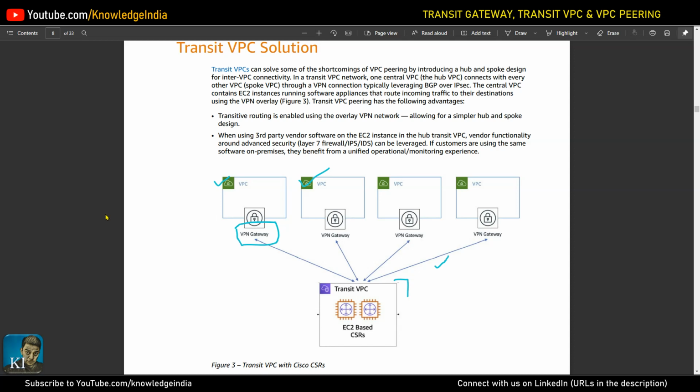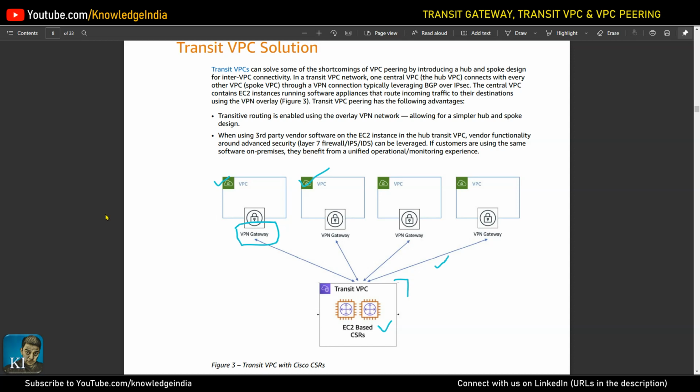Now this Transit VPC will have EC2 instances, and on that Cisco software would be running, right? So in this case, maintaining these instances, installing that Cisco software, and then setting up this VPN connection, all of that is your responsibility as a customer. You will have to do it.